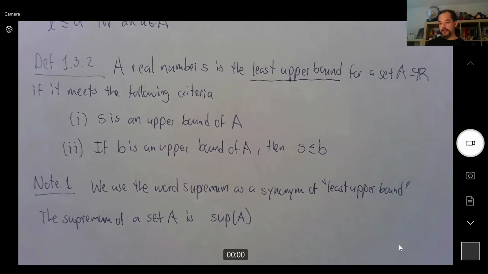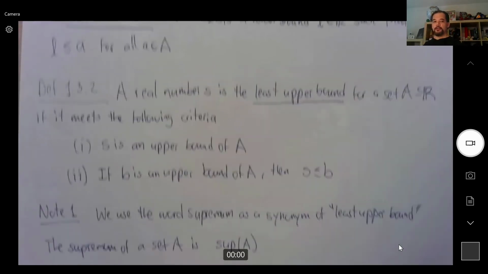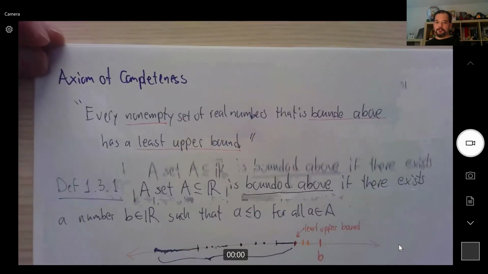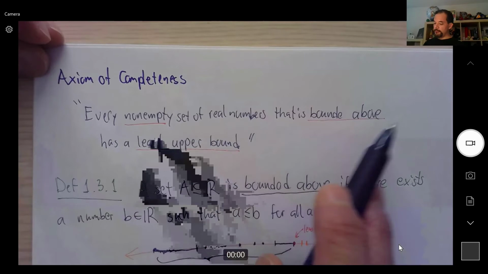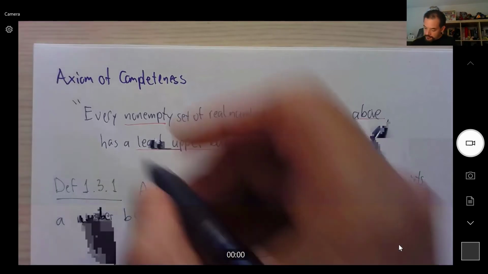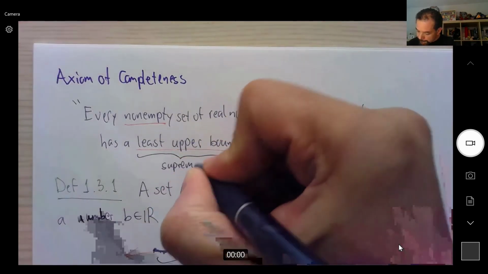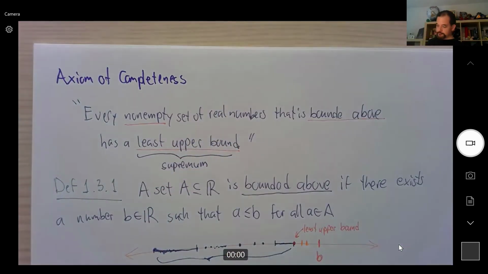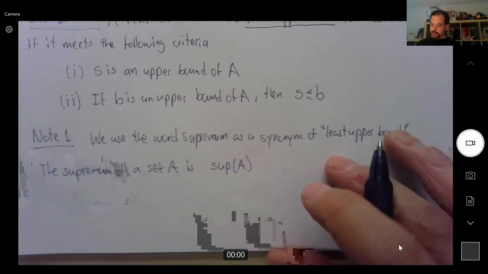So another way of saying the axiom of completeness, let's go back. This axiom of completeness is to say that every non-empty set of real numbers that is bounded above has a supremum, right? So instead of saying all of these, we could say supremum. Good. So that's note number one.